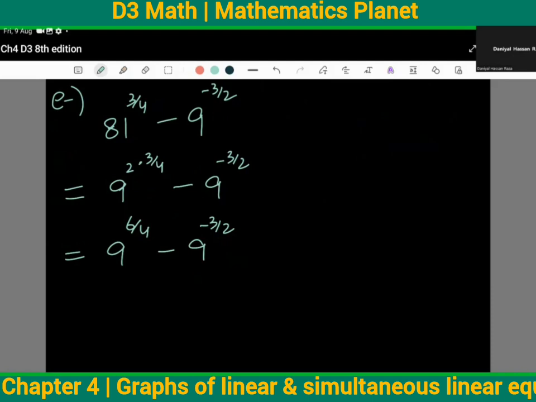Madam, plus operation? Madam, it will be multiplied? Yes, yes, we will multiply 6/4 and -3/2. No, we won't do it like this.